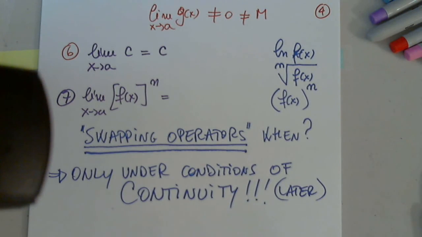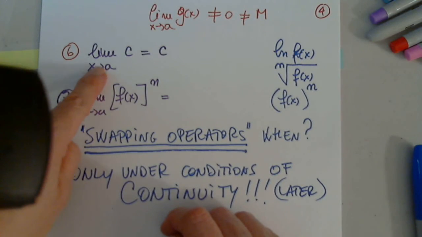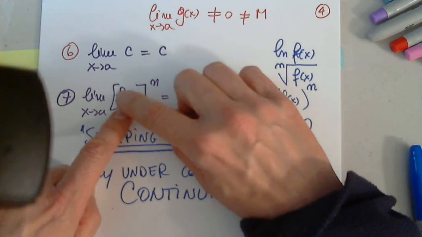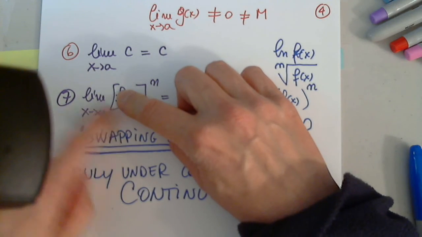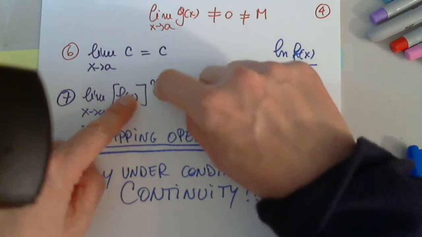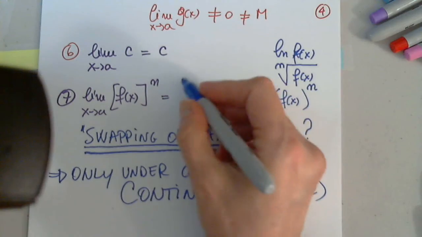So only on the conditions of continuity, I can swap the operators. I can put this operator to touch the function because now this operator touches the function. Now I will bring this operator to touch the function and this operator to be outside. And this is what we're going to do.